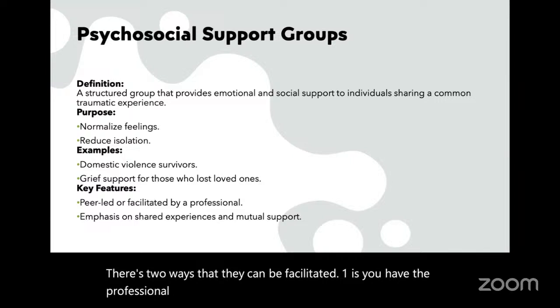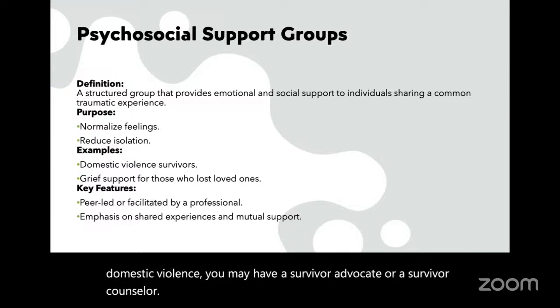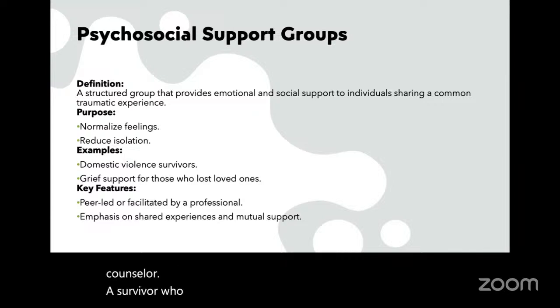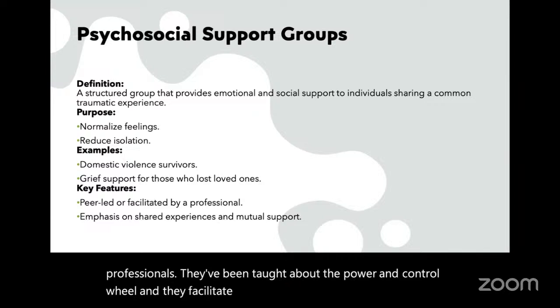So that is, for example, in the field of domestic violence, you may have a survivor advocate or a survivor counselor, a survivor who's a case manager, and they're kind of professionals. They've been taught about the power and control wheel, and they facilitate the conversation.